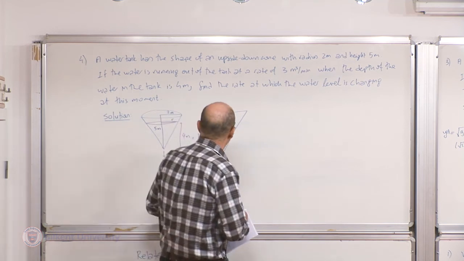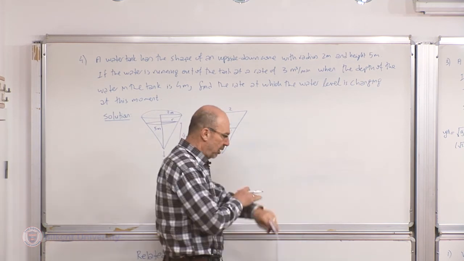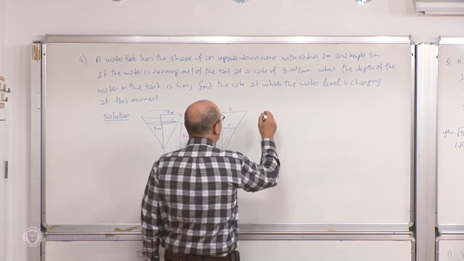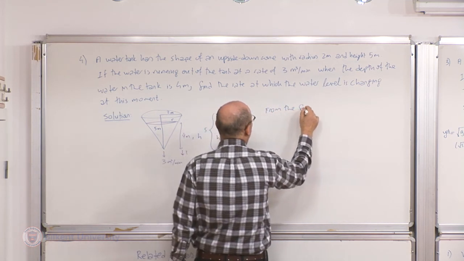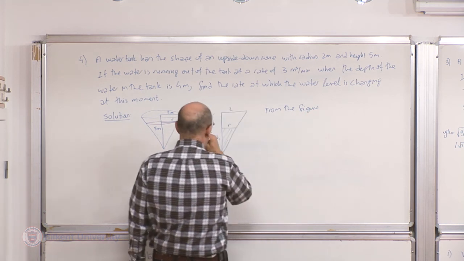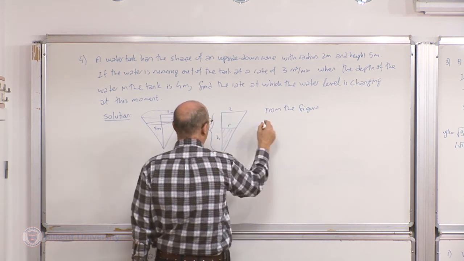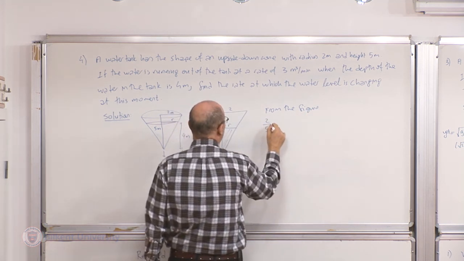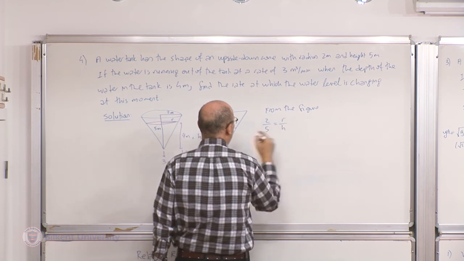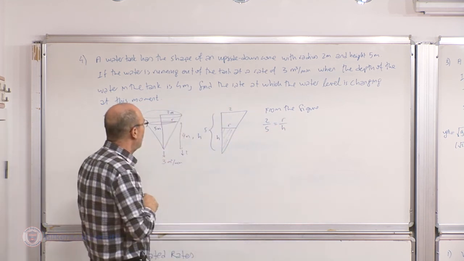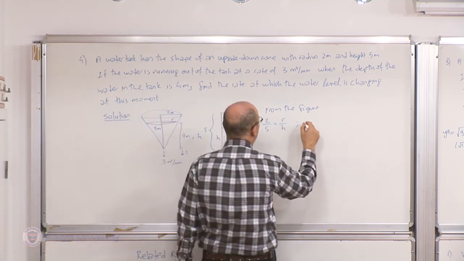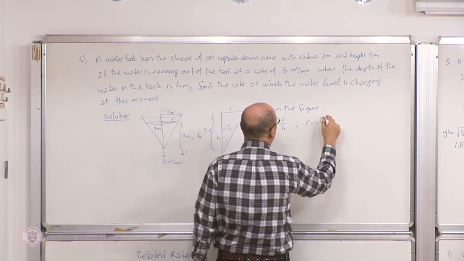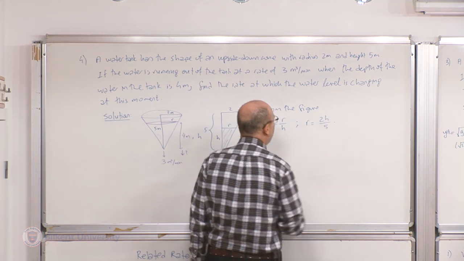Now that we solved it mentally, from the figure we have 2 over 5 is equal to r over h. In the problem we'll have r squared, so let's have r from here. R is equal to 2h over 5.